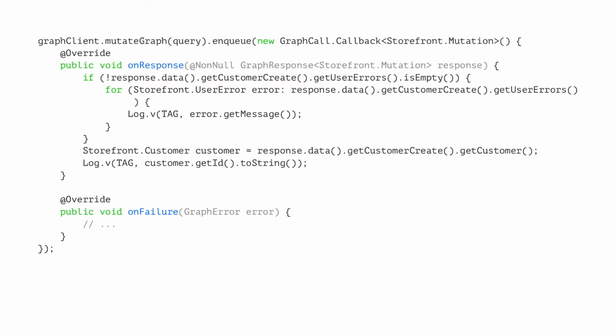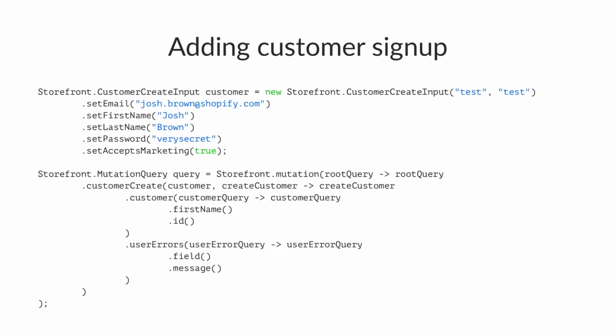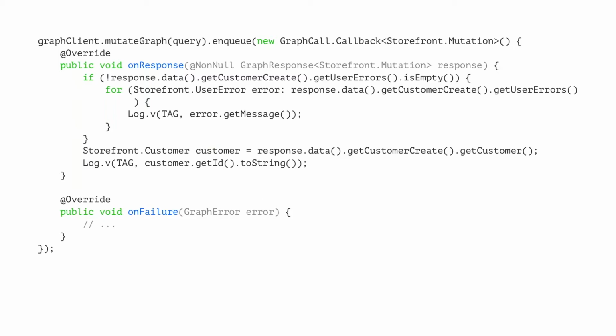Hey, this email address was already used. You'll have to log into your existing account. Great, and then again, we asked for specific data back from Shopify, which was the ID, and I think the first name. Yep, so those would be the only two fields that we would have available to us to access from the response.